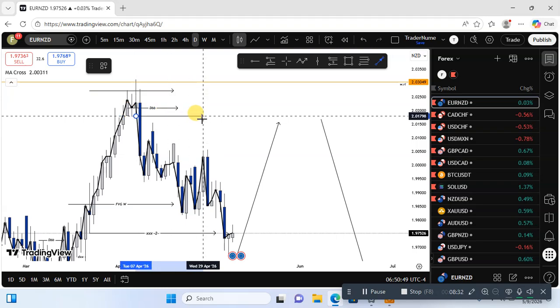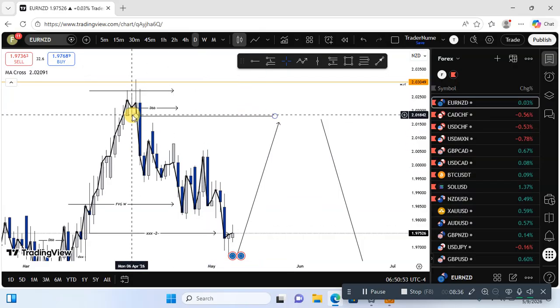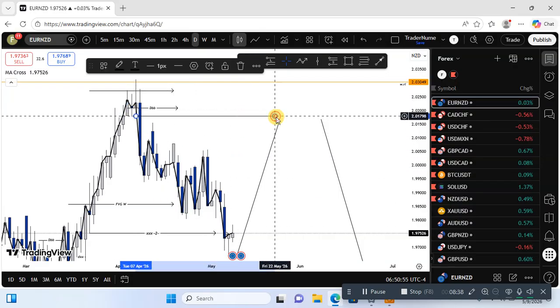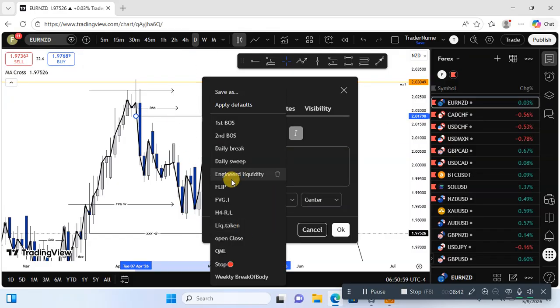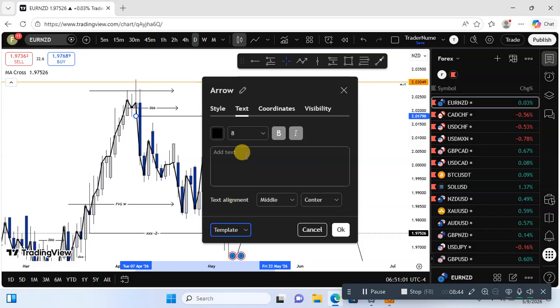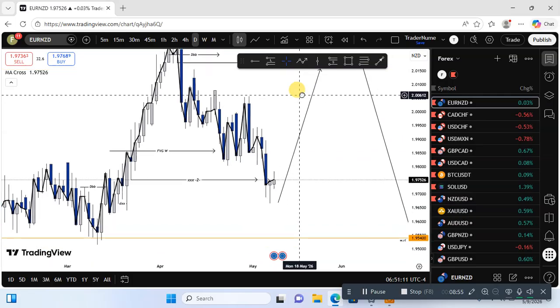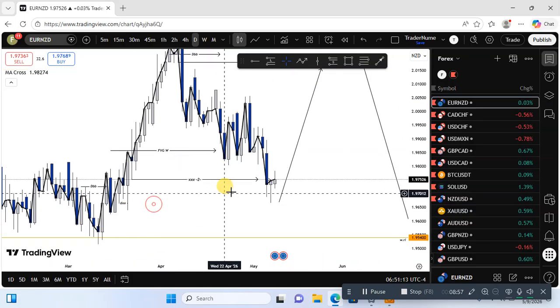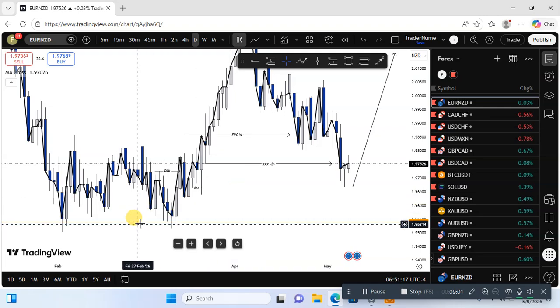So this is a fair value gap, right? After the daily break, there was a fair value gap. I'm going to name this the daily fair value gap for the daily time frame. Right? So now remember, price is also reacting after a break of structure, after a reaction from this weekly zone.